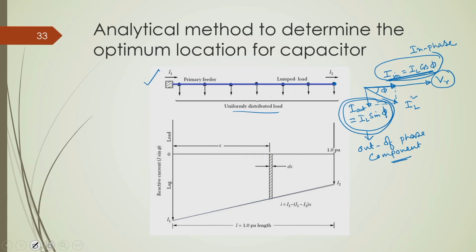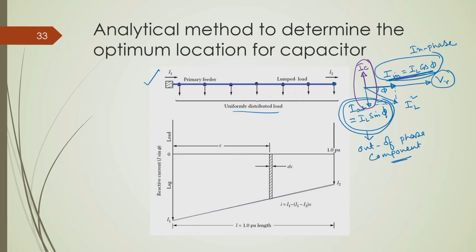Now, if we install a capacitor at this particular loading end, suppose this capacitor draws a leading current I c. You can see it does not influence the in phase component of the current; rather it compensates the out of phase component, because they are capacitive and inductive currents cancelling each other.